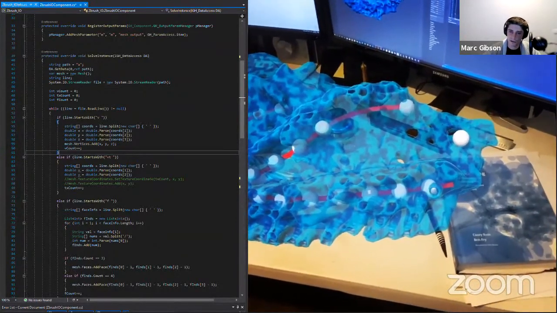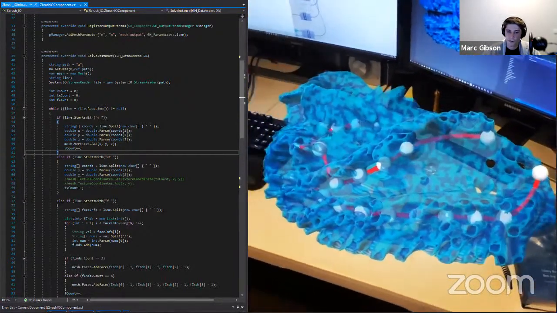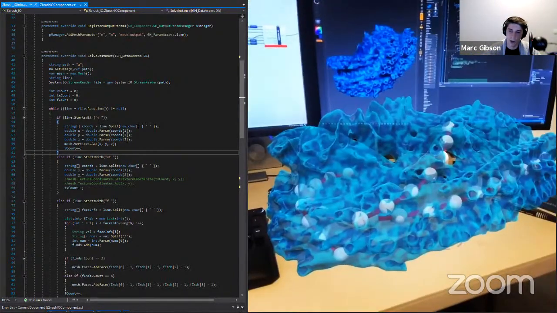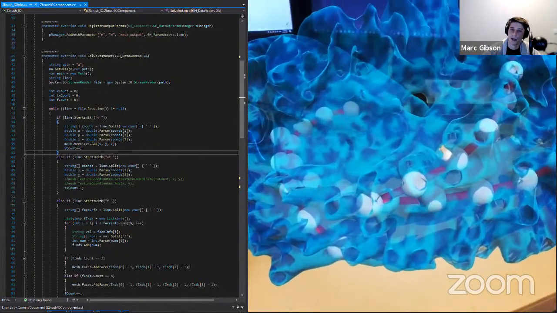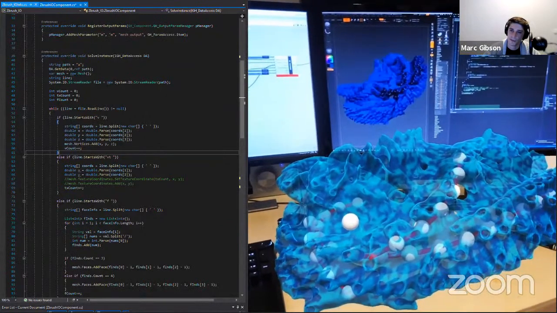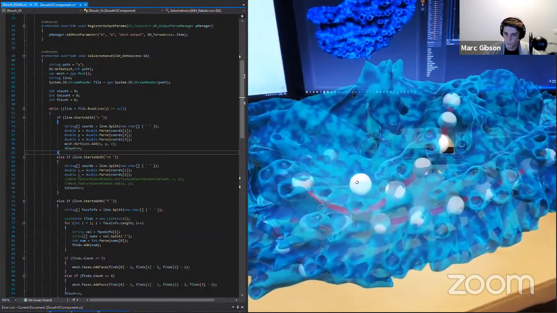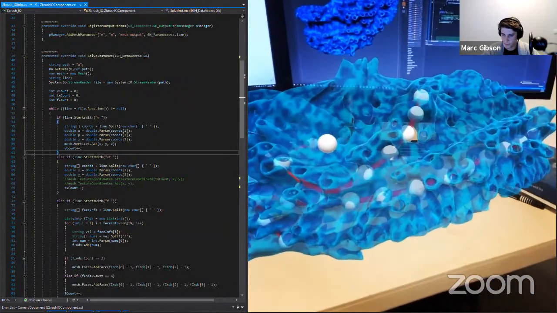I'm just controlling the control points of a spline, and from the spline it's distributing objects and agents. That's being sent through to ZBrush, which runs a series of operations and sends that back to the augmented reality app for visualization purposes.